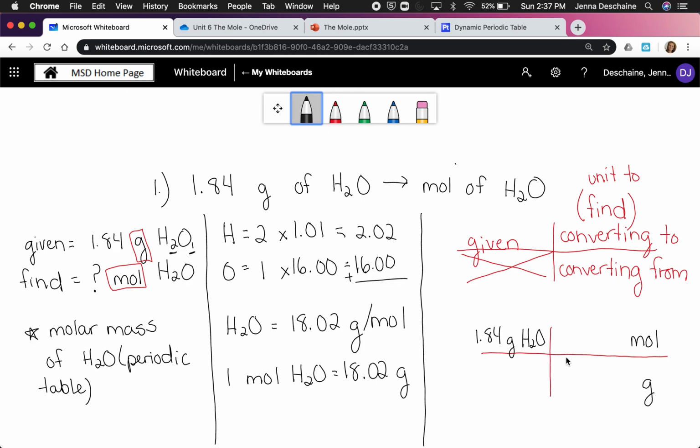All right, and this is where I plug in my conversion factor, okay? So 1 mole of water is equal to 18.02 grams of water. I don't like how far apart this is.